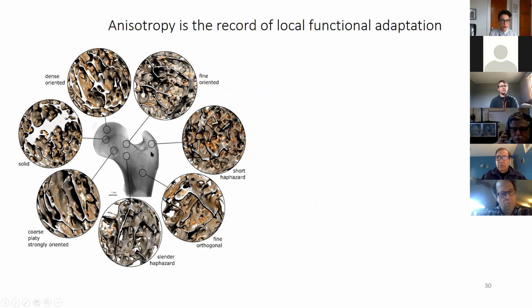So if this bone is loaded monotonously, it will have a very oriented anisotropic texture. If it has a remnant of growth plate, it will have a solid inclusion, and so on. Sometimes when we step just a few millimeters aside within the same specimen, we may discover absolutely different morphological fabrics.